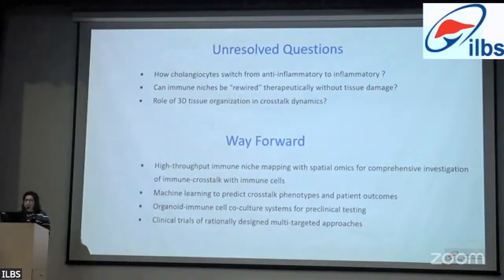So the way forward could be to design studies on high-throughput immune niche mapping through spatial omics, or machine learning to be developed to link crosstalk phenotype and patient outcomes. Or Dr. Dinesh, as he's doing the organoid system, we can do the immune crosstalk in these co-cultures and preclinical testing. And there could be more clinical trials of rationally designed multi-targeted approaches.